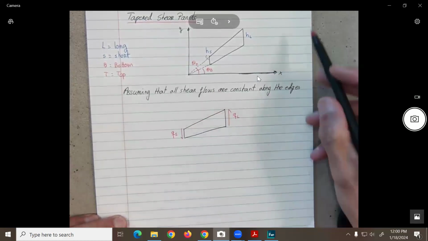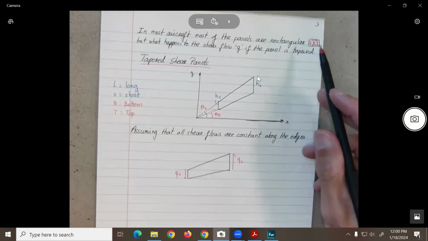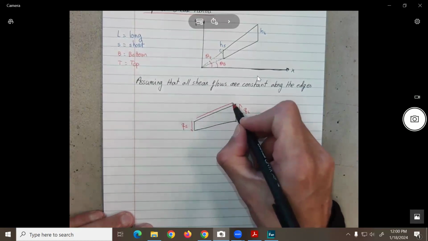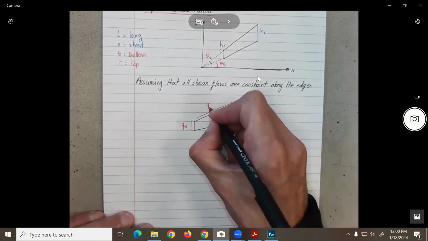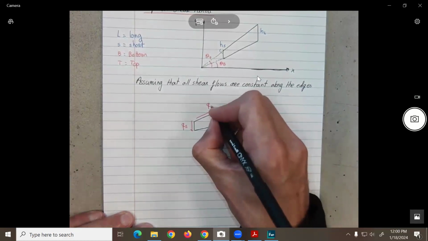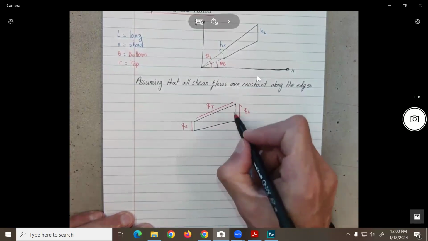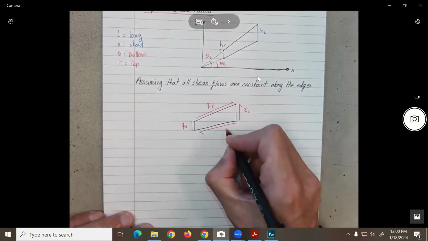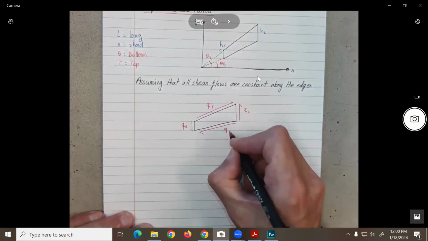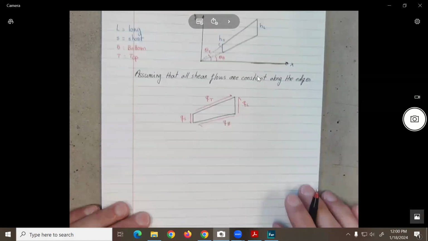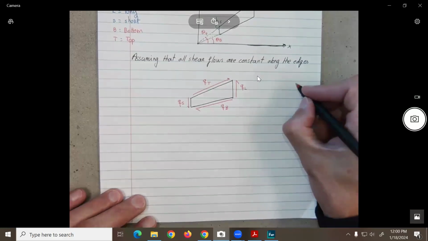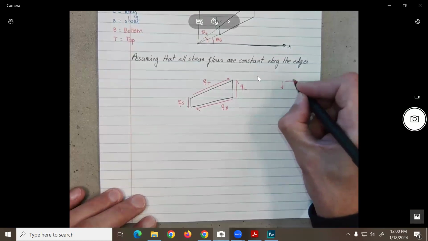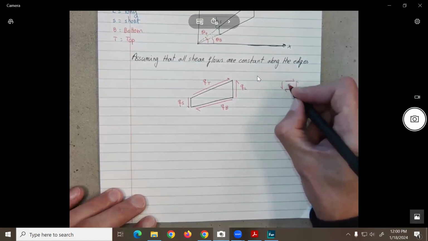You remember, same sign convention over here for the shears, up and down. This one we're going to call Q top. And now this one here should be Q bottom. Remember that our sign convention we're using is this one over here, for Q.